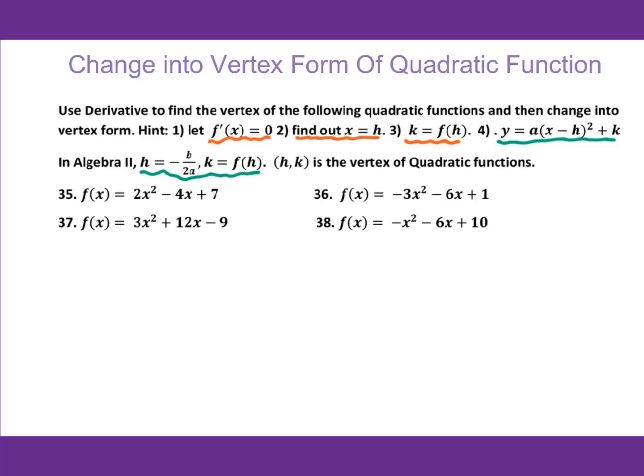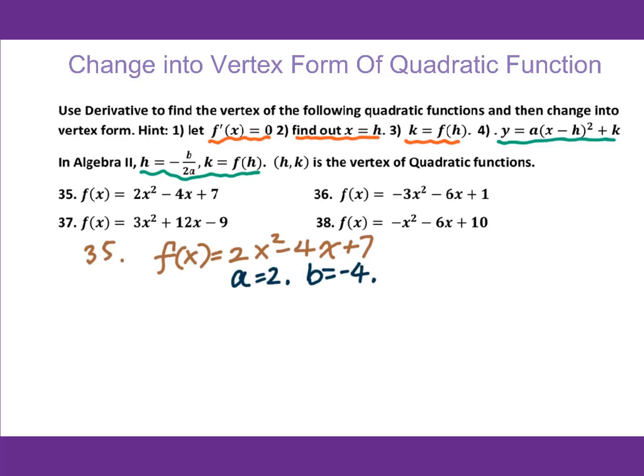For number 35, we have f of x equals 2x squared minus 4x plus 7. We know that a equals 2, b equals negative 4, and c equals 7. Therefore, h equals negative b over 2a.